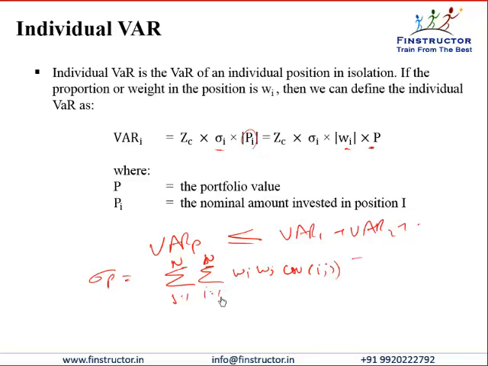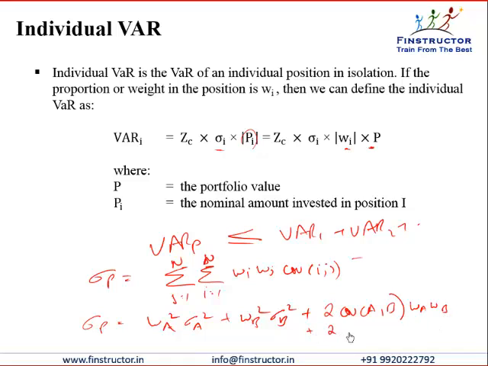For a 2 asset portfolio, this formula will become wa square into sigma a square plus wb square into sigma b square plus 2 into covariance of a and b into wa into wb, which can be written as 2 into the correlation into sigma a into sigma b into wa into wb. And this will actually be the variance of the portfolio.